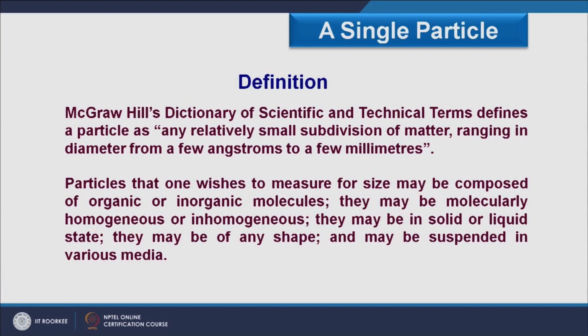Particles that one wishes to measure for size may be composed of organic and inorganic molecules. They may be molecularly homogeneous or inhomogeneous. They may be in solid or liquid state. They may be of any shape and may be suspended in various media. So according to their nature, shape and composition, the measuring technique differs.